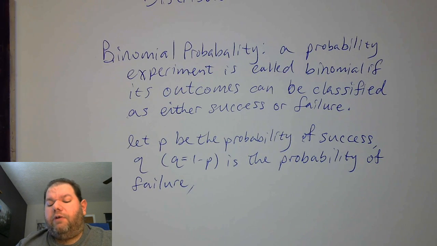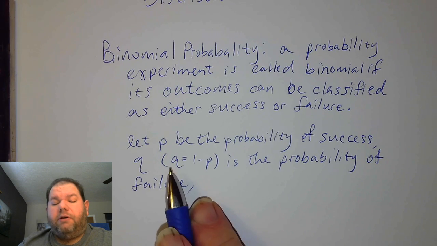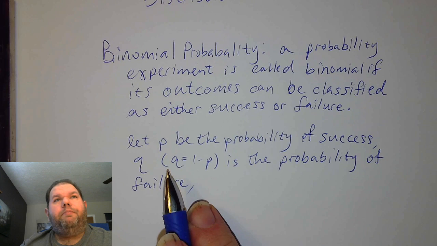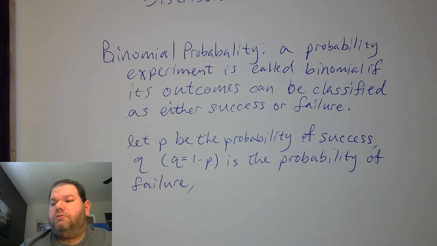Notice that if we have success and failure, because there's only two outcomes, they're naturally complements to each other. That means the probability of the two events has to add up to 1.